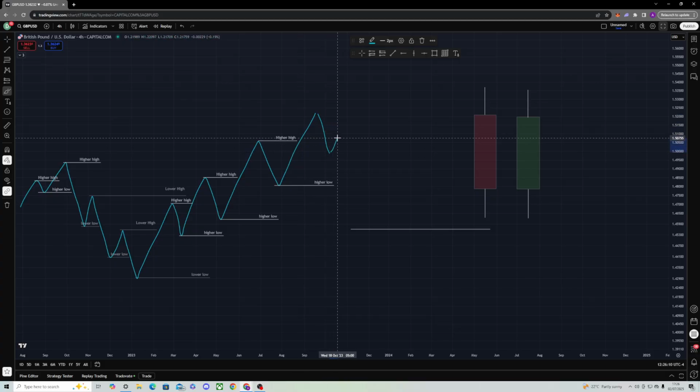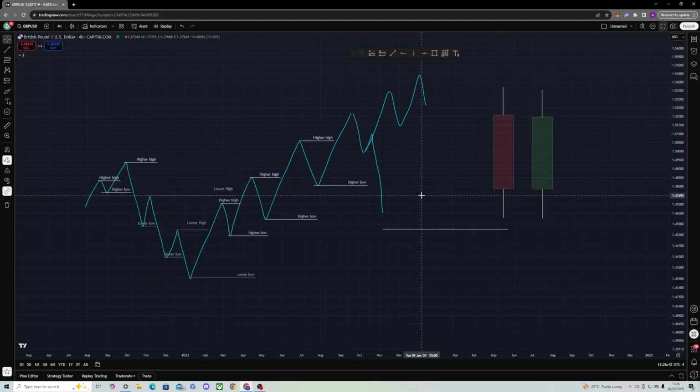It will either come back down below this and create a lower low, displacing past this previous higher low, breaking structure, or it will carry on in an uptrend, creating higher highs, higher lows, higher highs, higher lows. That is it basically.